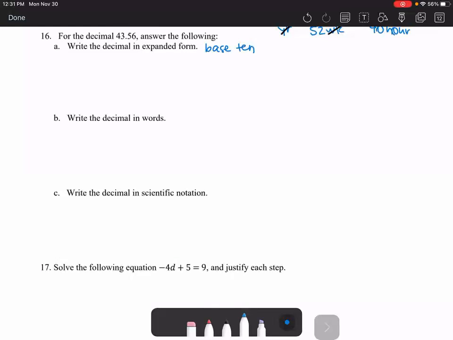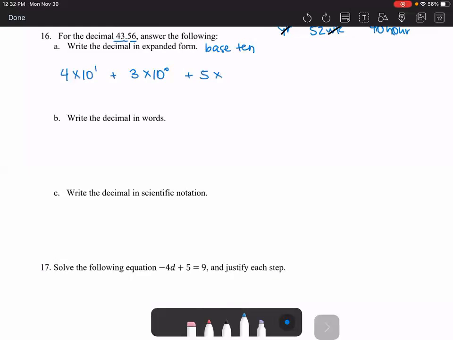So that means that the tens place is the 4, the ones place is the 3, the 5 is the tenths place, and the 6 is the hundredths place. So when we write that out, this is 4 times 10 to the 1, because that's in the tens place, right? We have 4 tens, gives us 40. And then we have 3 times 10 to the 0, which is the ones place, because any number to the 0 is 1.